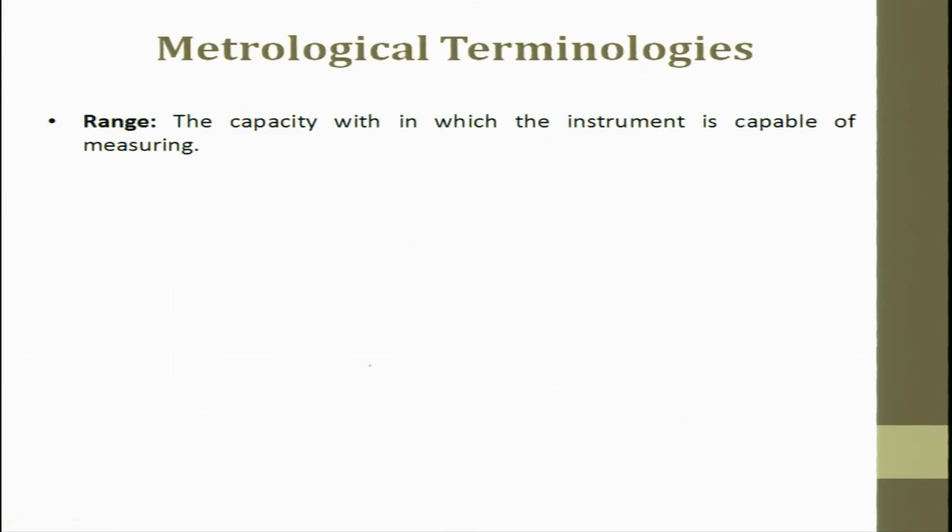What is range? Range is the capacity within which the instrument is capable of measuring. For example, these are some of the values I get out of the measuring device: 12, 25, 27, 29, 36, 43, 50, 54, 62, 27.